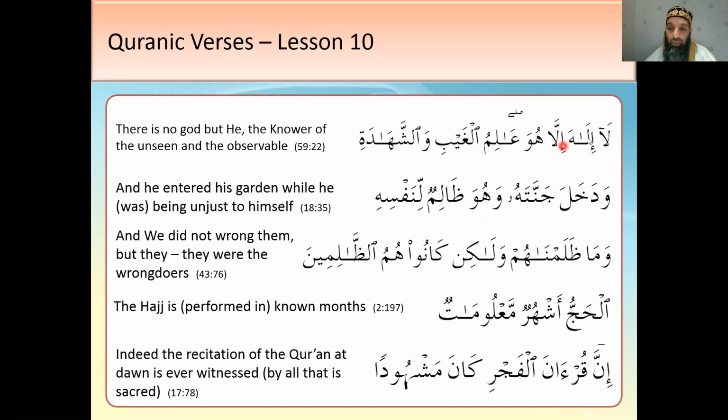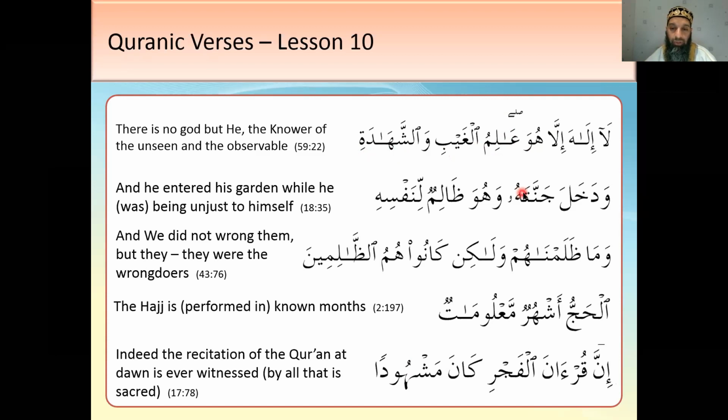So, la ilaha, no God, illa, except, huwa, him. Alimul ghaybi, alimu. It looks different here because that alif is a small alif, like a kharizabar in Urdu. It's the same thing, just written slightly differently, but it's still alimu, the knower, of the ghayb, the unseen, and the observable.